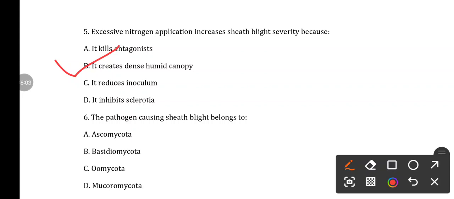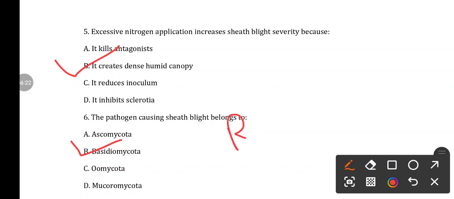Next, question number 6. The pathogen causing sheath blight belongs to. Option A, Ascomycota, option B, Basidiomycota, option C, Oomycota, and option D, Mucoromycota. So here the answer is Basidiomycota.